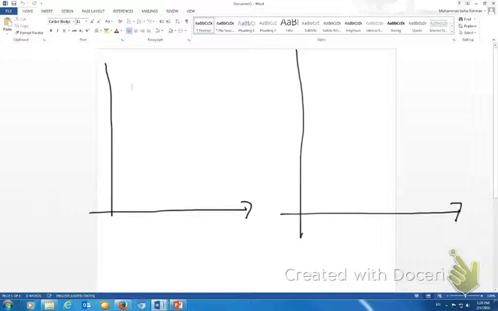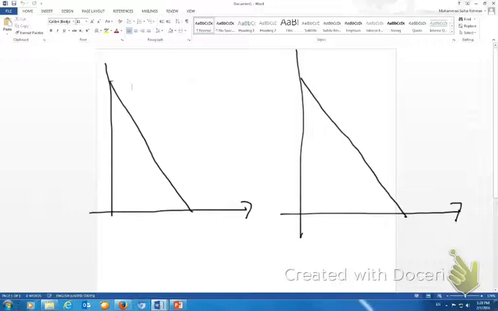So let me just draw it right away so that we do not make any mistake this time. We are going to have a demand curve like that, and another demand curve like that. I believe that they are parallel, so the similar elasticity.